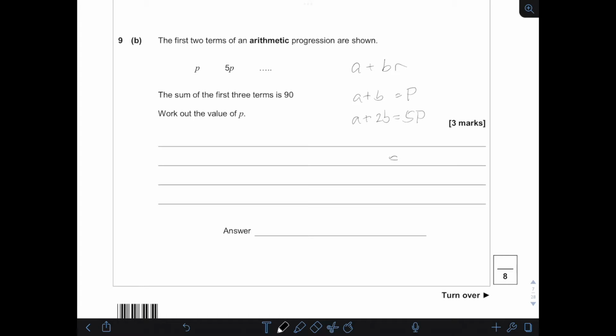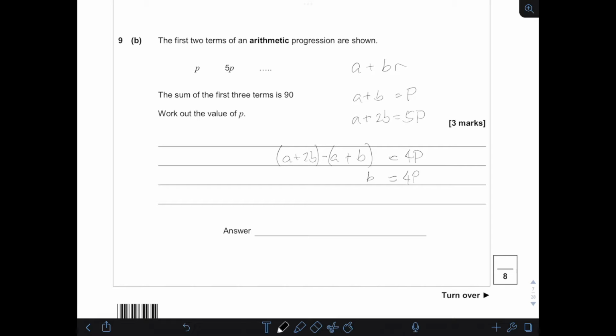We take 5p minus p, which is 4p, and then we have a plus 2b minus a minus b, or if you want to do it in brackets, it's a plus 2b minus (a plus b). Just remember the negative goes into the sign, and eventually you're going to get b is 4p.